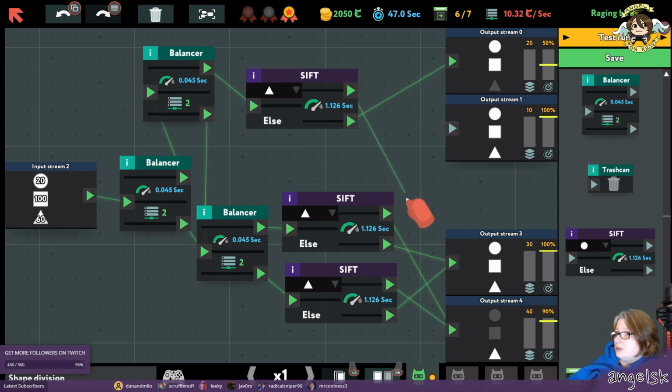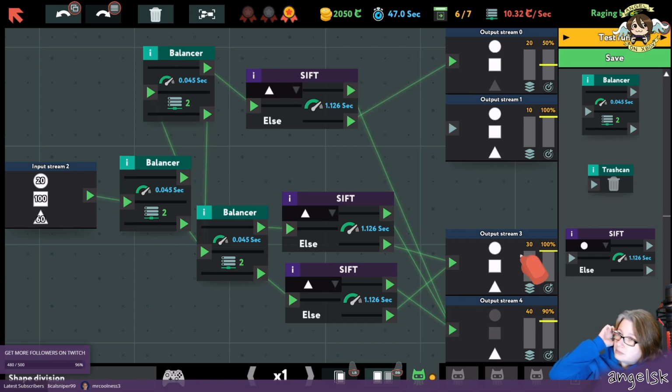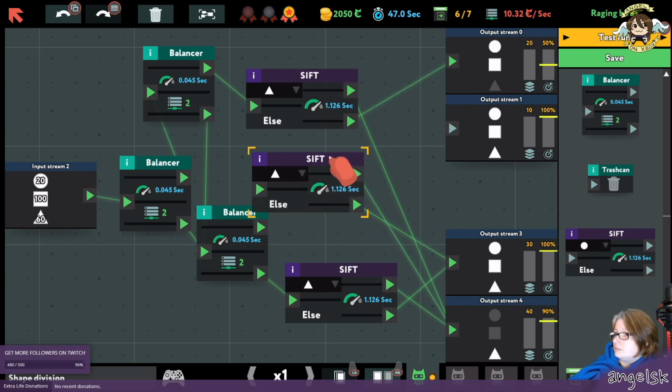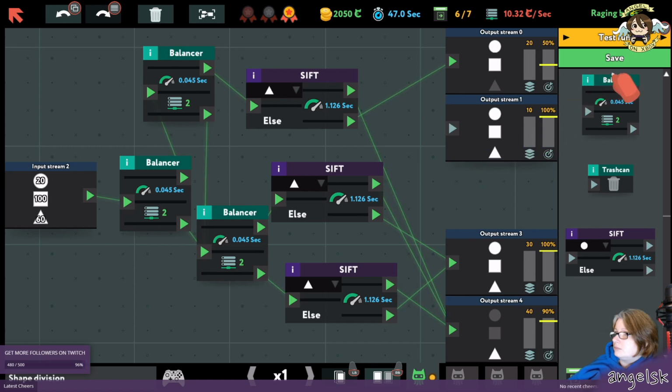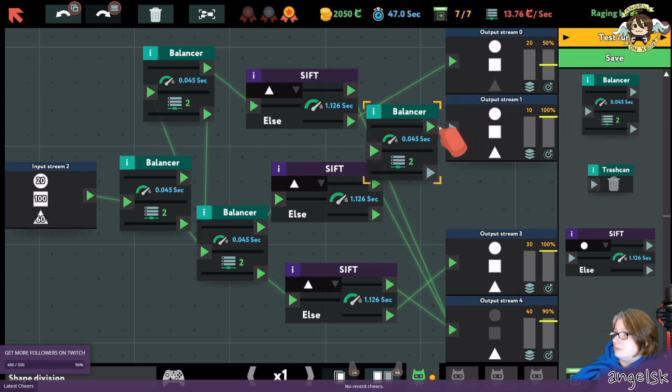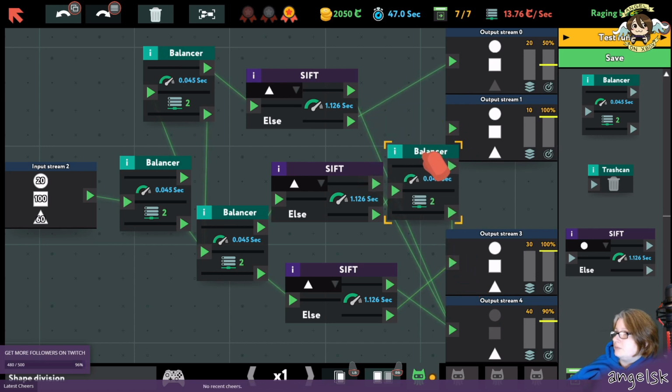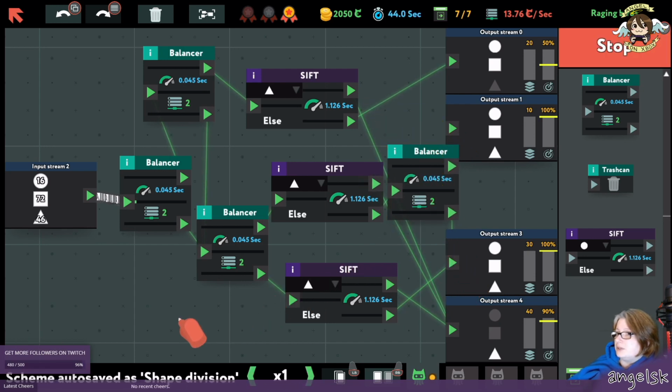Maybe we put triangle down here. Balance that like that. Messy as heck, but see if it works.